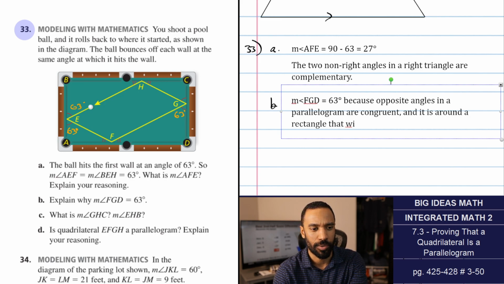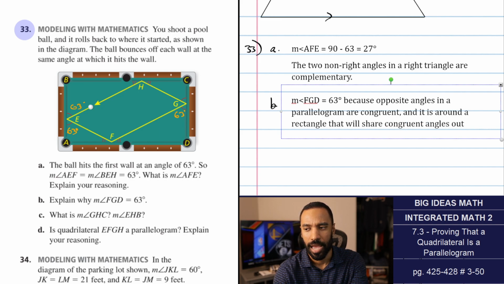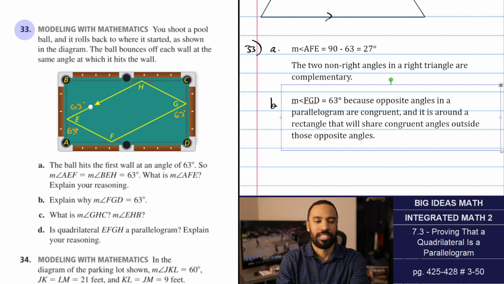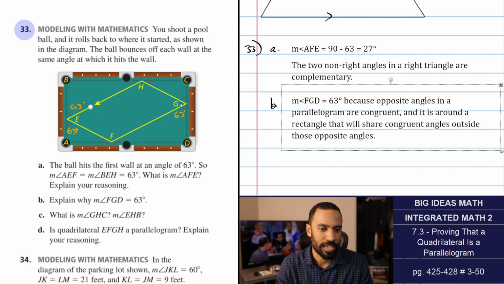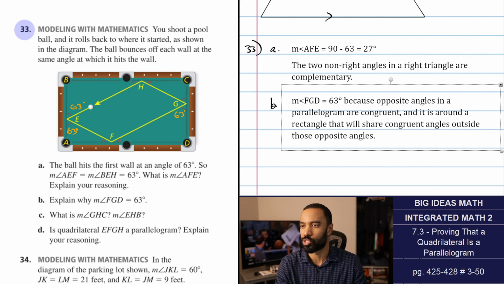That will have congruent sides. Congruent angles outside those opposite angles. That doesn't really work well. Basically, because G and E are so samey. G is like E as far as angle measure. We haven't found its angle measure yet, but they're the same. Therefore, the ones outside of them will be the same with the way that this rectangle is constructed there.